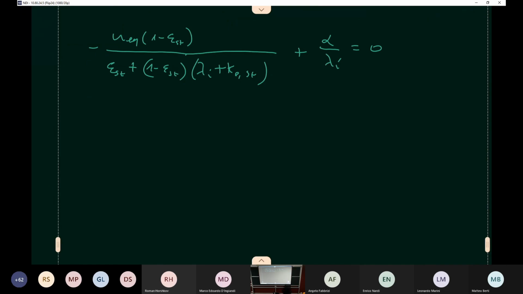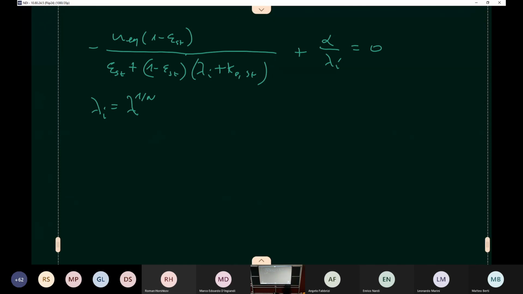It becomes obvious because all other terms are not depending on I. So this means that lambda_I is equal to lambda to the power 1 over n.